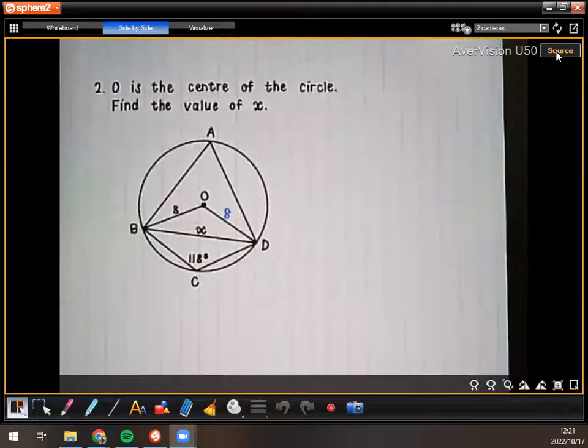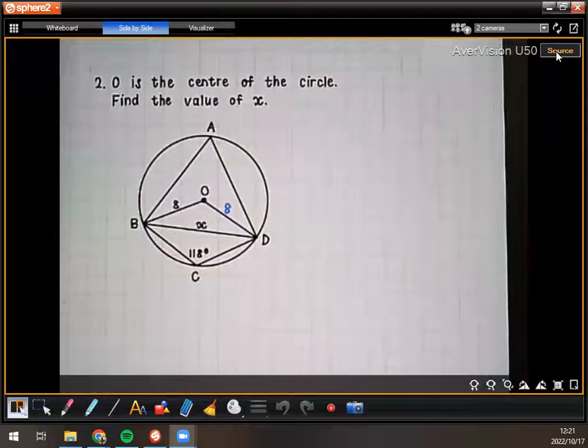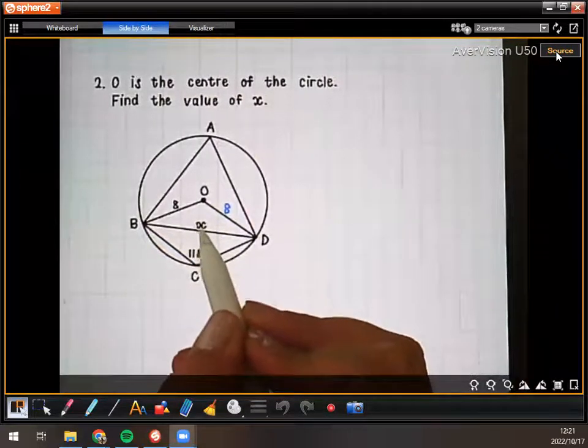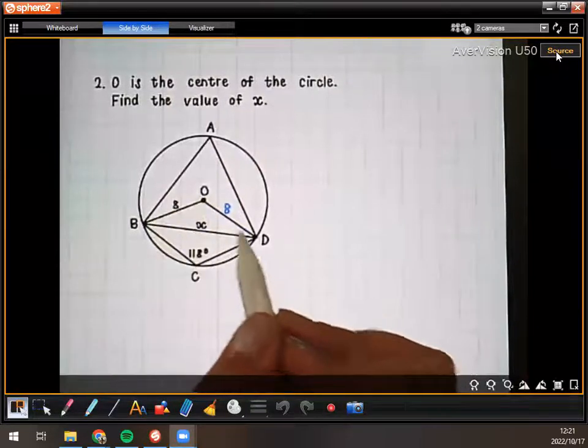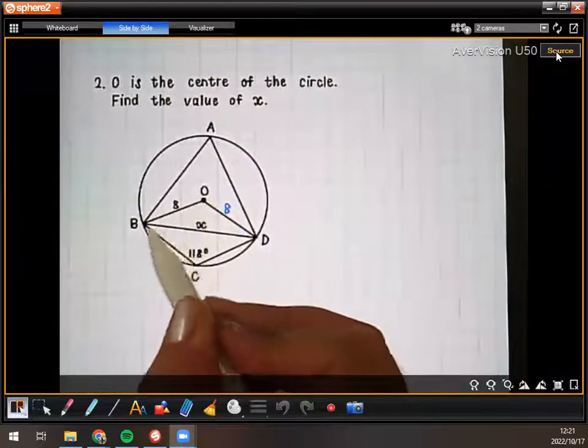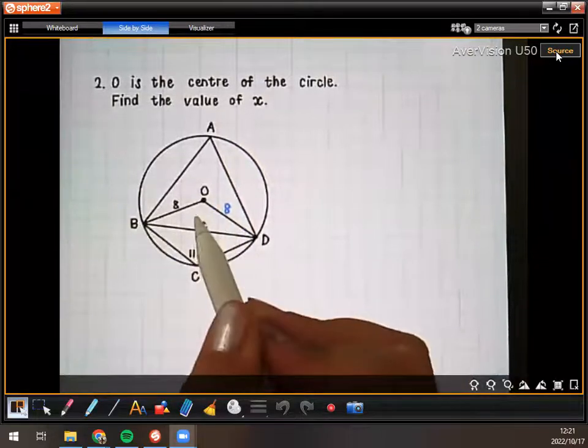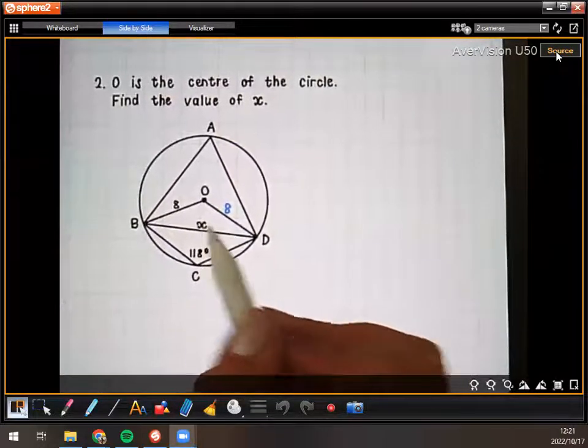In this one, because there are so many triangles and so many lines, let's look at what we're trying to find. We need to find x. Now, if I want to find x, firstly, x is the side of this triangle. Is this a right-angled triangle or a non-right-angled triangle? Non-right-angled. So I'm going to have to use either the sine rule or the cosine rule.